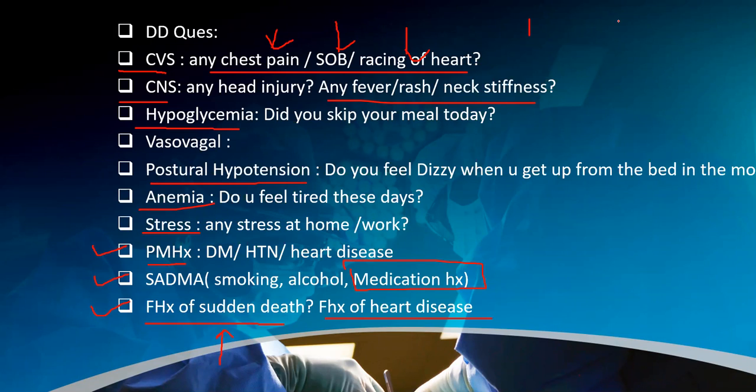It doesn't mean that if you find positive findings, like the patient is giving you chest pain, shortness of breath, and also syncope, and you think it could be aortic stenosis, you stop there. You still have to ask all other differentials, because sometimes a patient can have multiple causes. Clear? So that's your format. Any questions so far in the format?